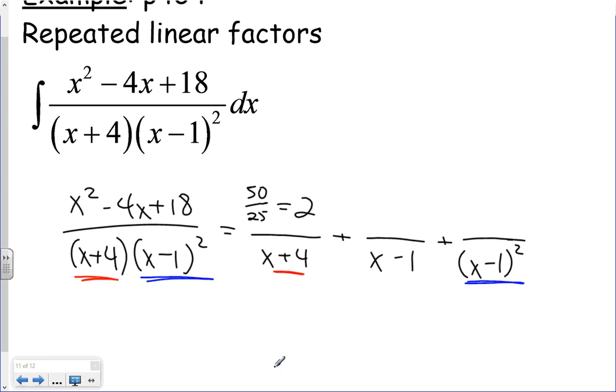Now for the one on the end, what I'm going to do is plug in a value of 1. If I plug in a value of 1 here, that would make this 0. So I'll cover this up first, and I'll plug in 1. I think I'm a little bit better at plugging in 1, hopefully. We'll see. 1 squared is 1. Minus 4 times 1, that's 1 minus 4 is a negative 3. Plus the 18, negative 3 and 18 is 15.